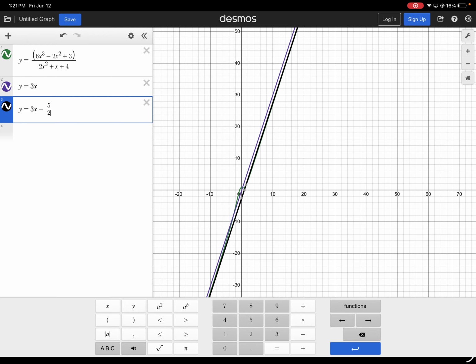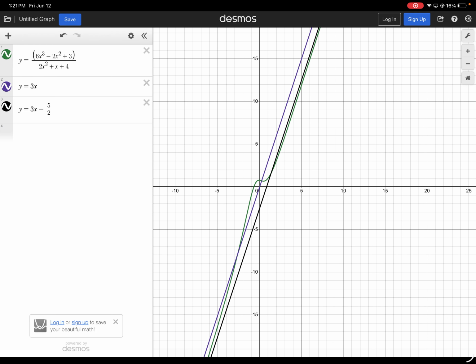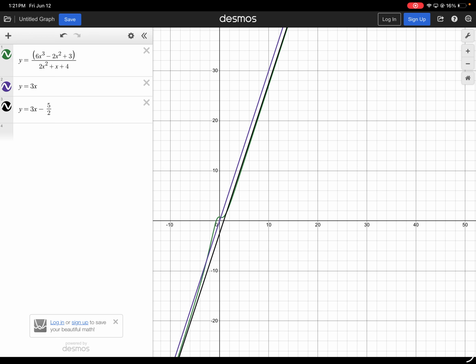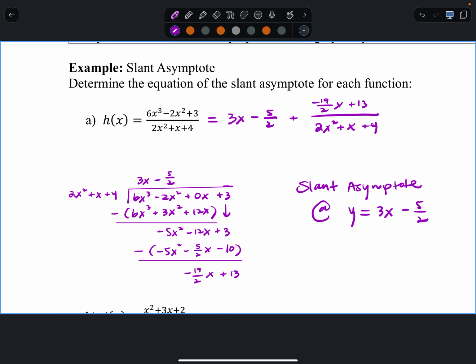You guys go 3 and 3. There's a linear. There's no horizontal, as x is approaching positive, negative.